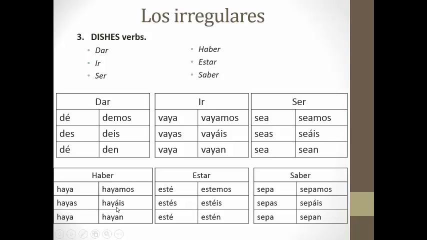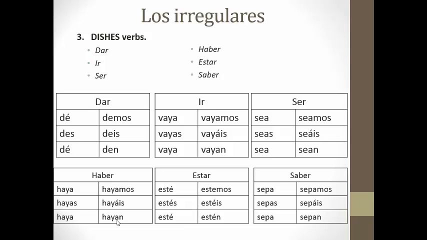Special note on haber. Remember, haber is that funky verb that, unless it's a helping verb, only has one form. So in regular present subjunctive, we're going to be using the he, she form to say, like, I hope that there is a quiz on Friday: yo espero que haya. You won't use these other forms until we talk about present perfect subjunctive, where haber is used as a helping verb.